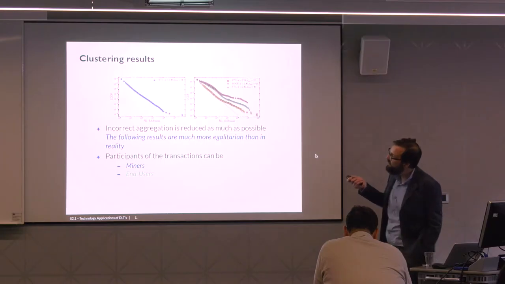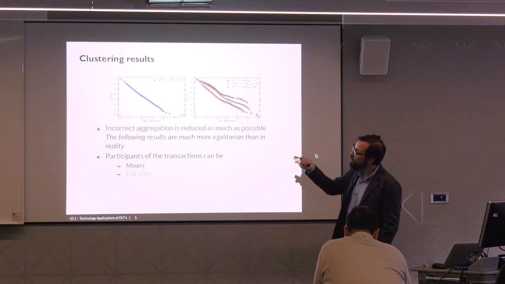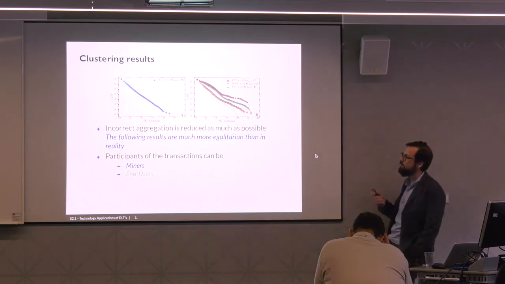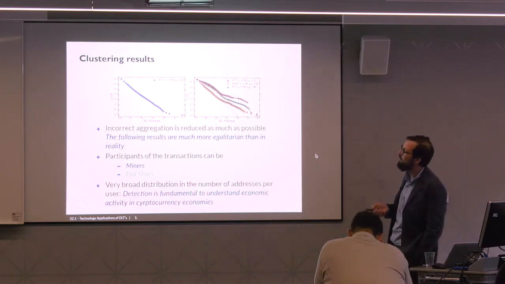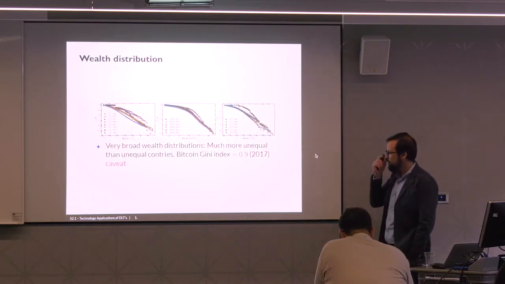Actually, if you see here, there are multiple users that have tens of thousands of addresses, like for example exchanges, or hundreds of thousands, but there are users that have anything between hundreds and thousands of addresses belonging to them, as you identify by these methods that I was explaining before.